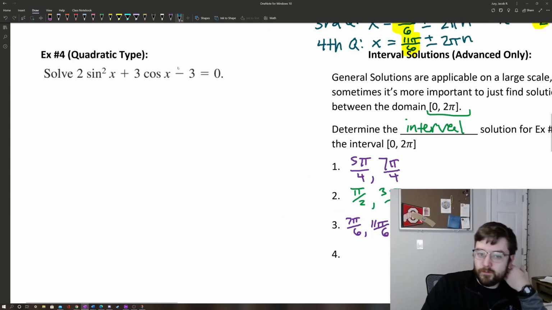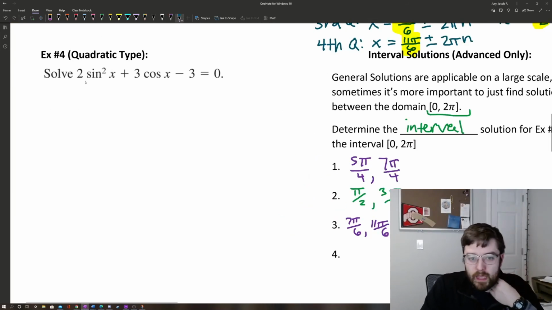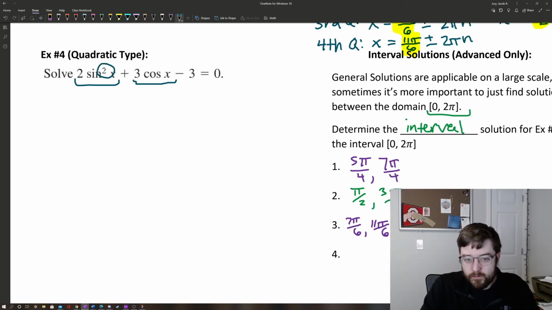All right, example 4, speed run. Let's do it. We have a quadratic that I don't like already. It looks quadratic because it's a trinomial, and the first thing is squared. But how do I turn a sine squared into a cosine squared? That's the trick with this one.